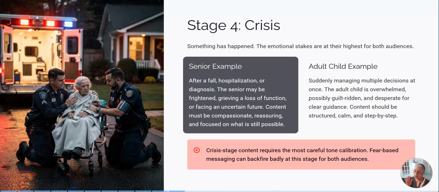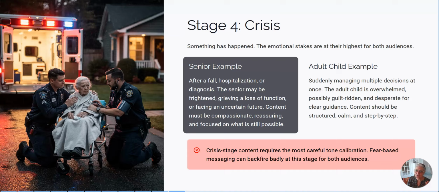All right, from the adult child's perspective, suddenly they're thrown into this new world of managing multiple decisions, and they're guilty about maybe not doing enough, coulda, shoulda, woulda, and they're desperate for some very clear, step-by-step, non-lingo guidance.